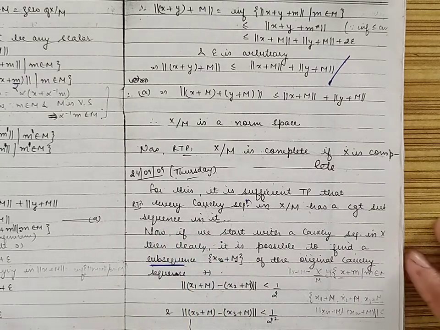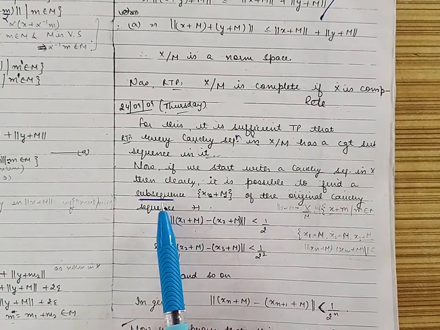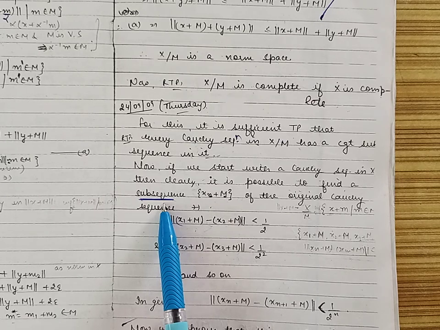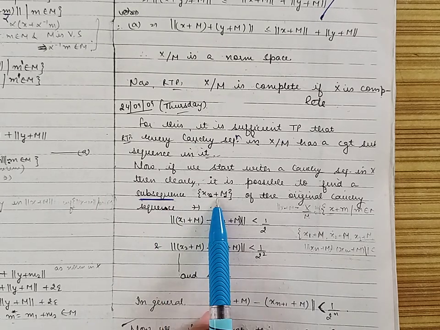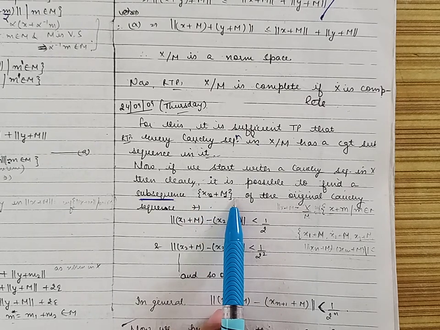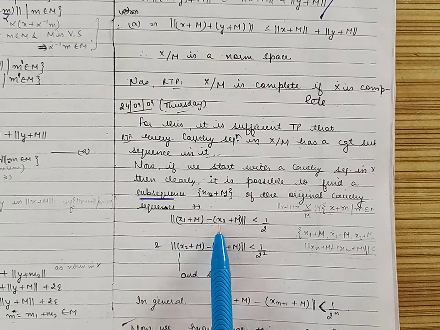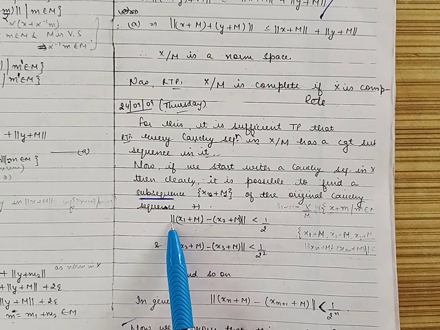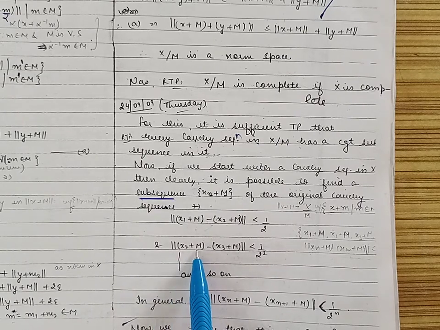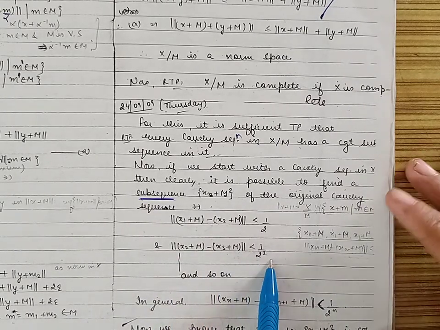So let us start with a Cauchy sequence in X/M, and so we can find a subsequence of the original Cauchy sequence. Suppose that subsequence we have denoted by the sequence consisting of elements x_n + M, such that the norm of (x_1 + M) minus (x_2 + M) is less than 1/2, and the norm of (x_2 + M) minus (x_3 + M) is less than 1/2 squared.